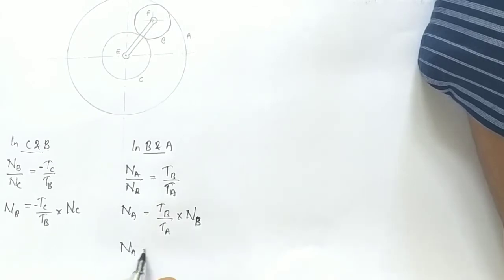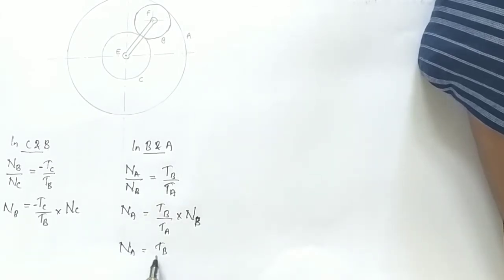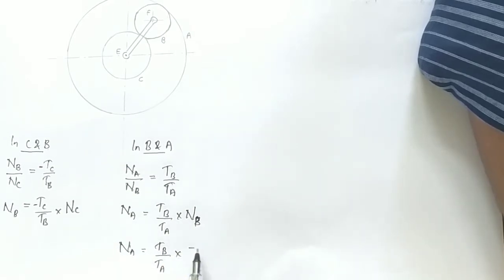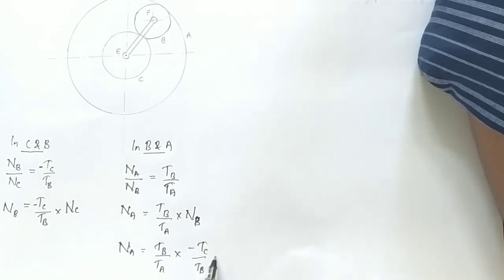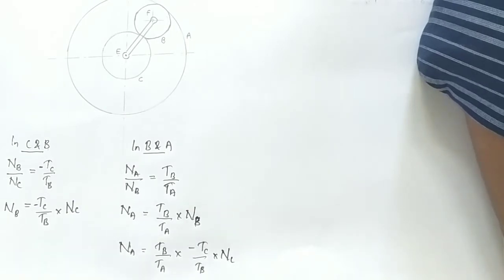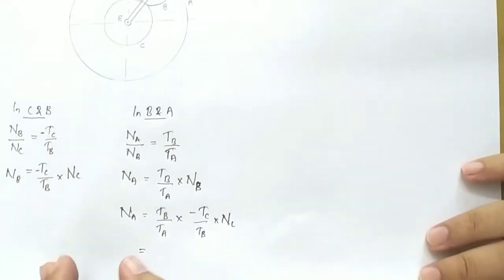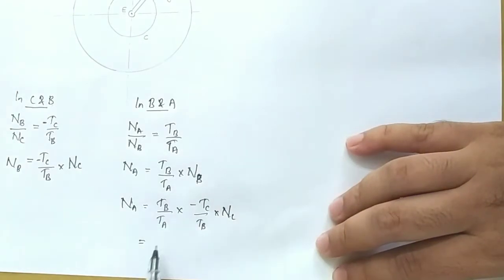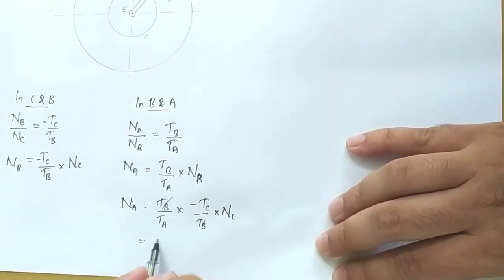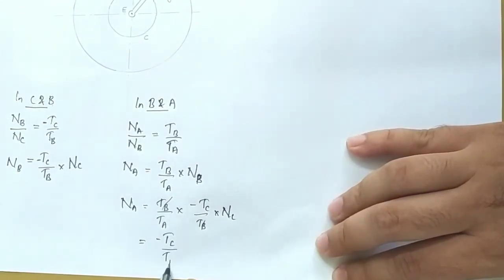So NA is equal to TB by TA into NB, which is nothing but negative TC by TB into NC. Now TB and TB you can cancel. It will be minus TC by TA into NC.